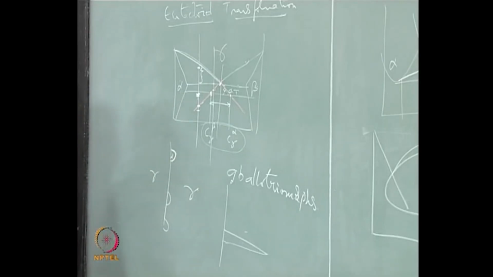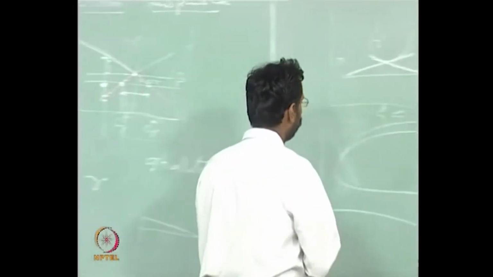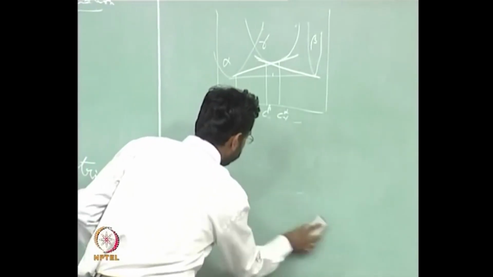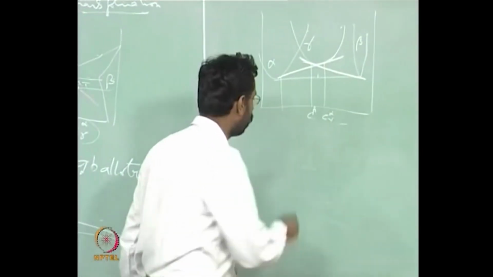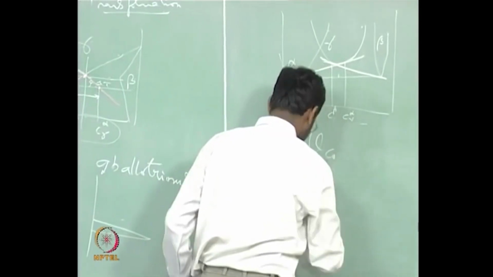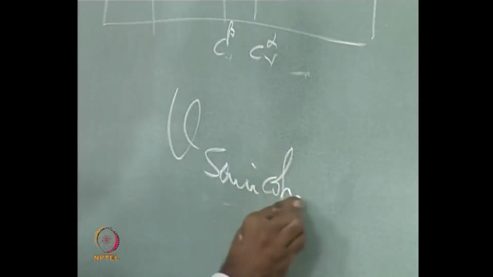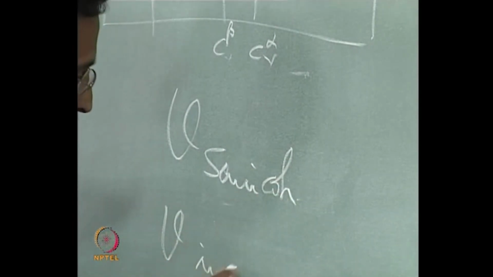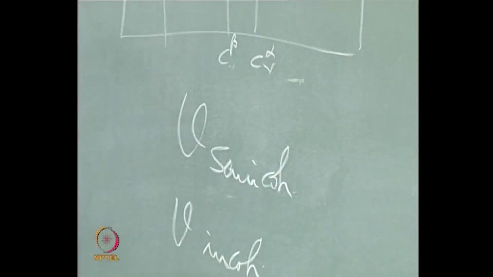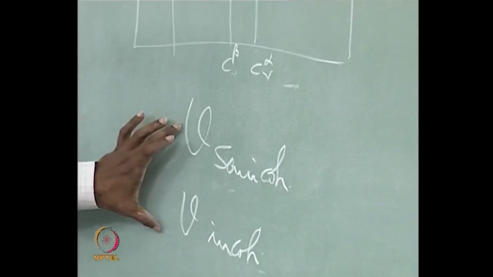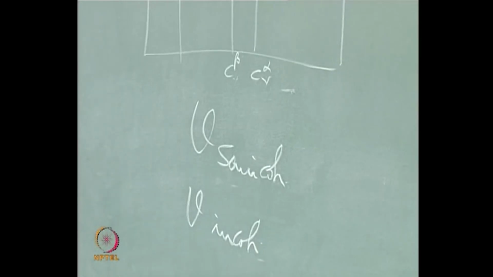The reason is, if you look at the growth rates of a semi coherent interface and an incoherent interface, if you look at the ratio of these things, the rate of growth, the velocity of a semi coherent interface and the velocity of an incoherent interface, at high temperatures the velocity of both of them is more or less similar, because the diffusion rates are very high at high temperatures.